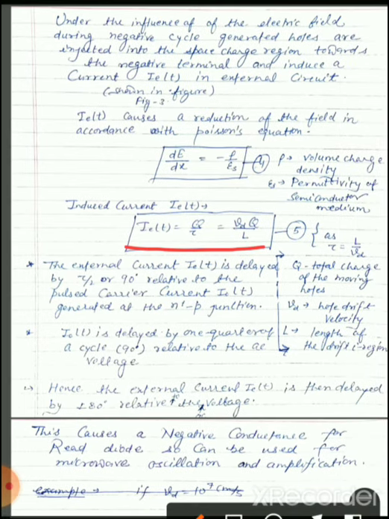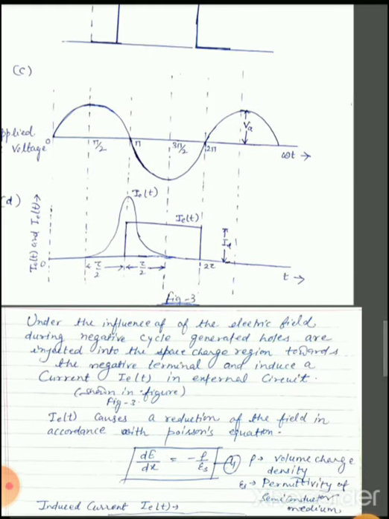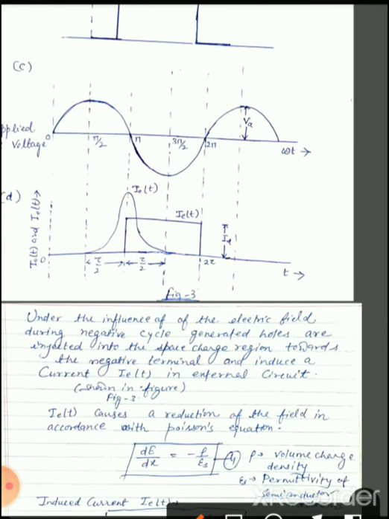Now this external current I_ET is delayed by time tau/2, or 90 degrees, relative to the pulsed carrier current I_0(t). We can see here that this current is delayed.